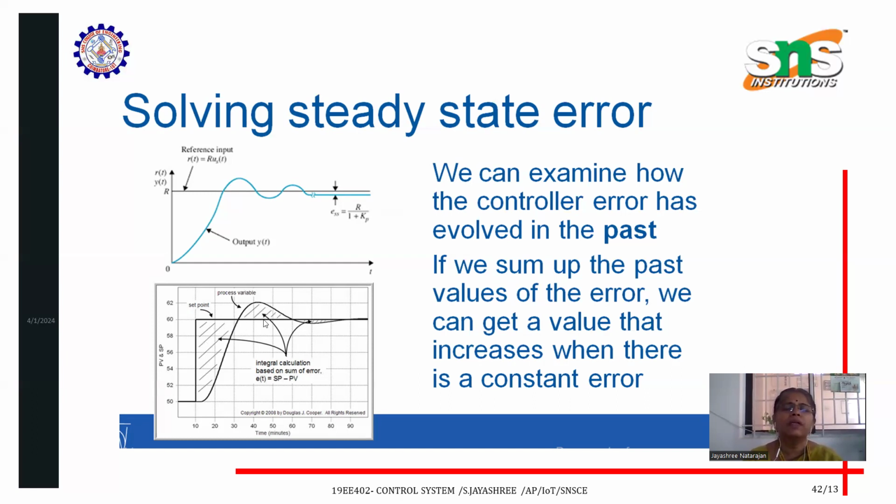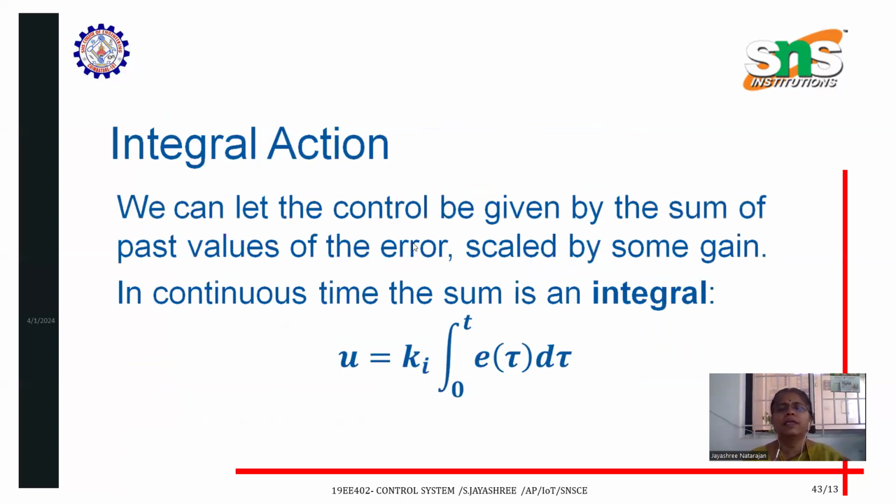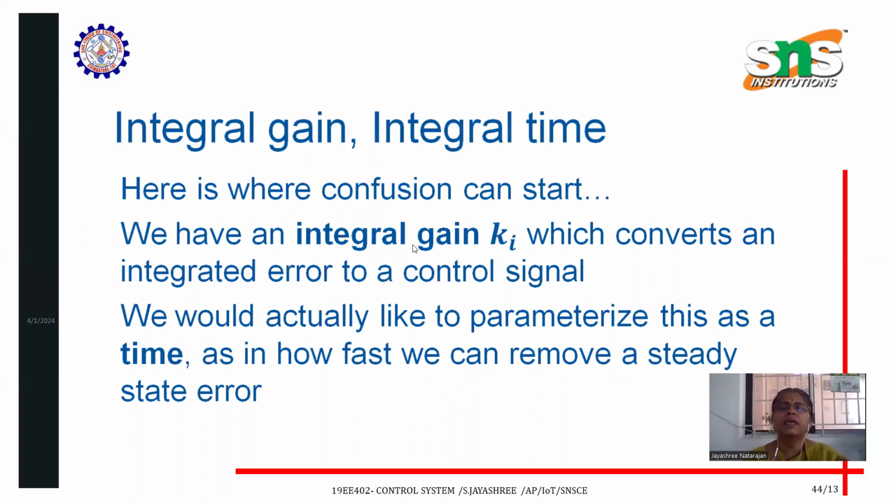By calculating the area of these errors, we can define what the error constant should be. So here we introduce an integral constant: U equals Ki times the integral from 0 to t of e(τ) dτ. That is my integral gain constant Ki. So Ki is the integral gain.